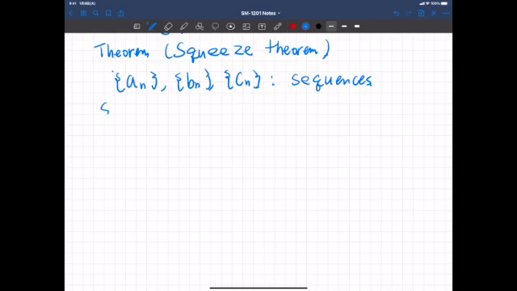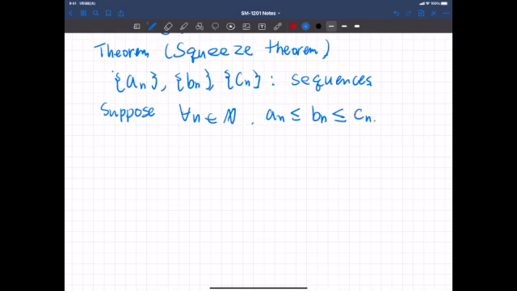Then suppose, well, we assume for all natural numbers n, we have a_n less than or equal to b_n, which is less than or equal to c_n.